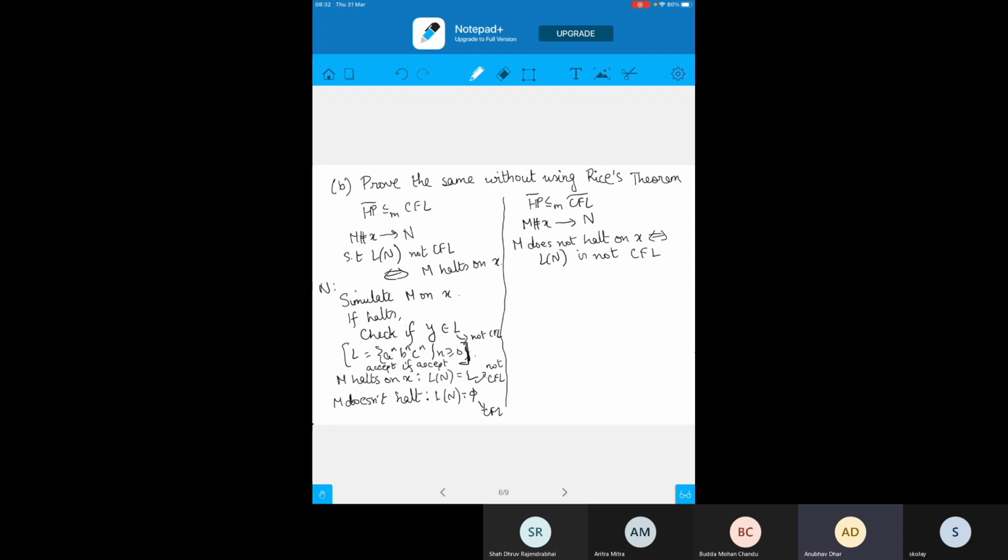Ma'am, we can make another Turing machine N, which on input Y checks if it is of the form a^n b^n c^n, and if it is not of the form, it rejects immediately.